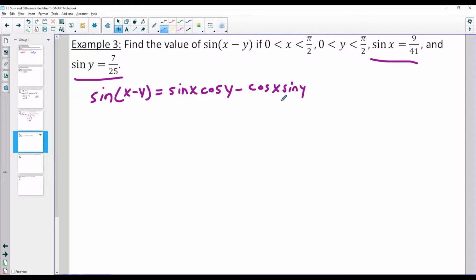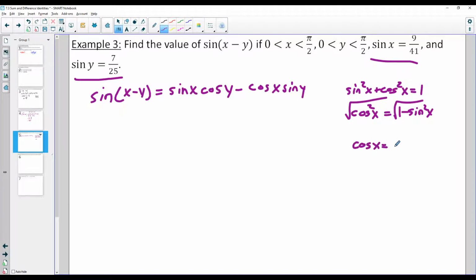Well, remember, we have that thing where sine squared plus cosine squared equals 1. So really we have cosine squared equals 1 minus sine squared. We could take the square root. Then we have cosine equals the square root of 1 minus sine squared.